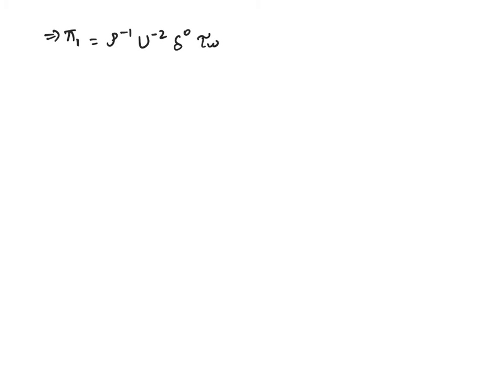That implies our first pi group would be in the format of tau w divided by rho u square is equal to constant.